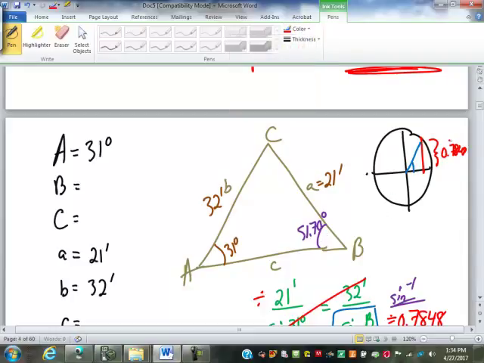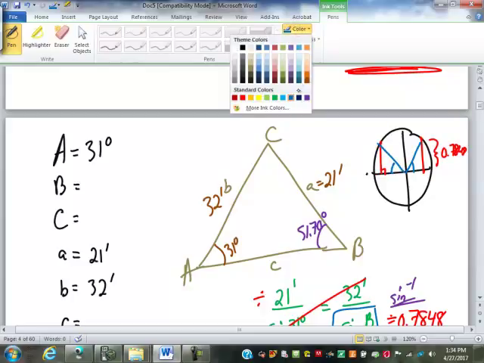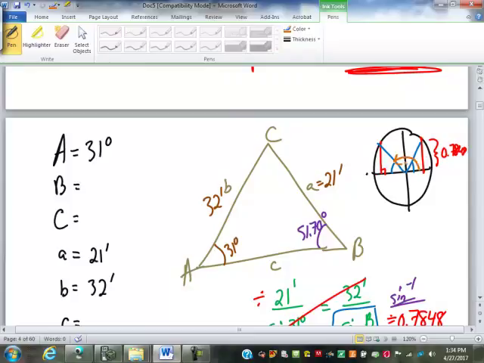But there's another spot where the sine is still 0.7848, right over here. This angle would be the 51.7 degrees. So the actual angle of that would be 180 minus 51.7 degrees. So that'd be 128.30 degrees.